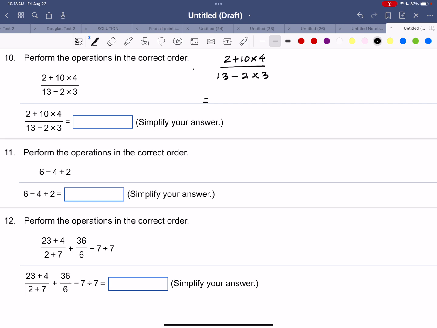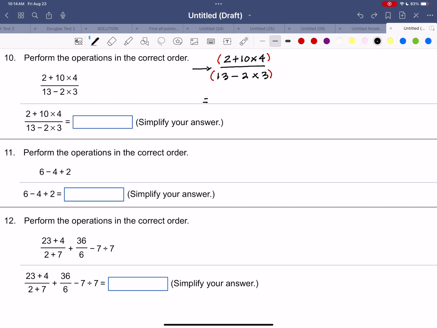This division bar is like implied parentheses. You have to do the top and the bottom first. Some people like to do this thing called canceling. No, no, no. We're not doing that. We're going to do the top completely, the bottom completely, and that'll be our final answer.